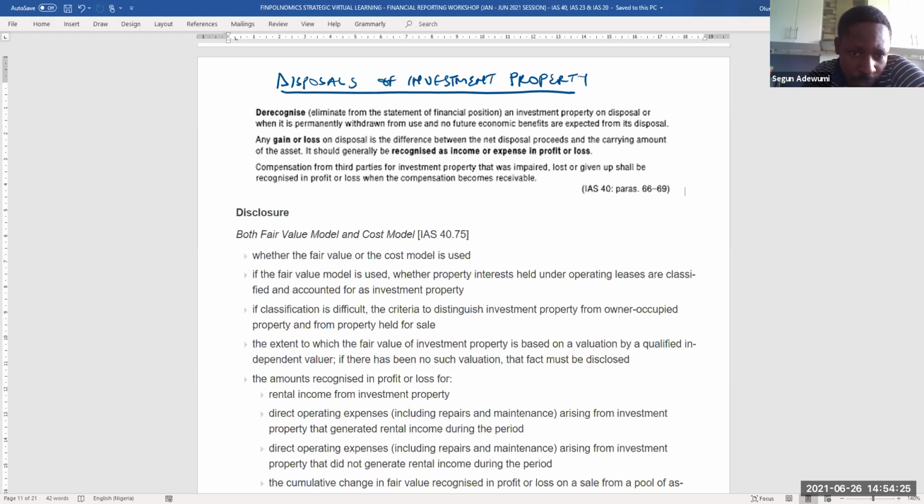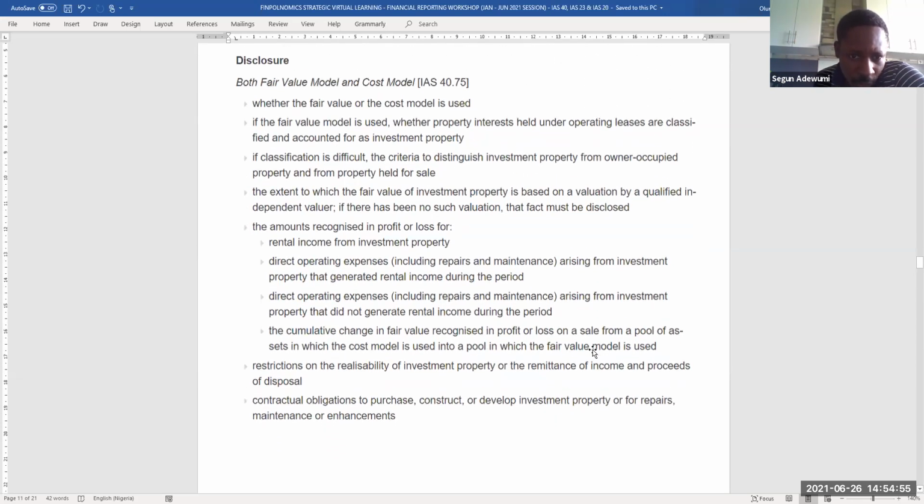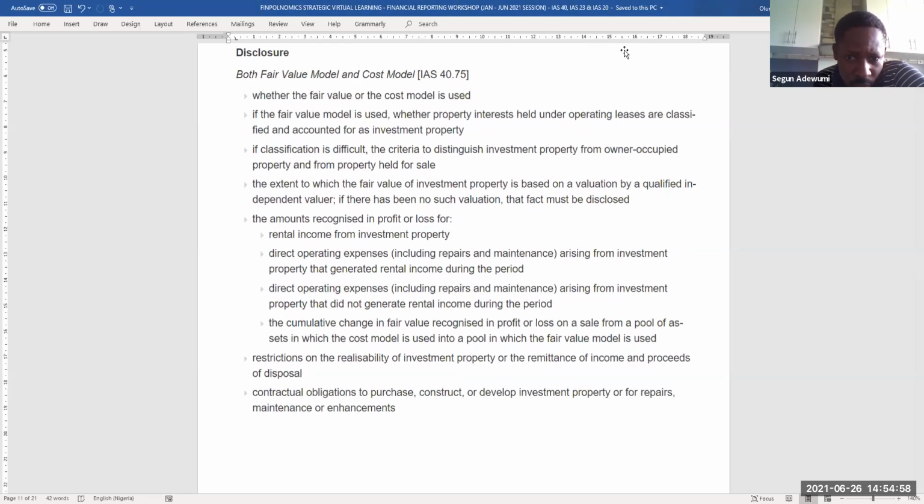Okay, disclosure. Both fair value model and cost model. 1, whether the fair value or cost model is used. 2, if the fair value model is used, whether property interest held under operating leases are classified and accounted for as investment property. 3, if classification is difficult, the criteria to distinguish investment property from owner-occupied property and from property held for sale. 4, the extent to which the fair value of investment property is based on a valuation by a qualified independent valuer.